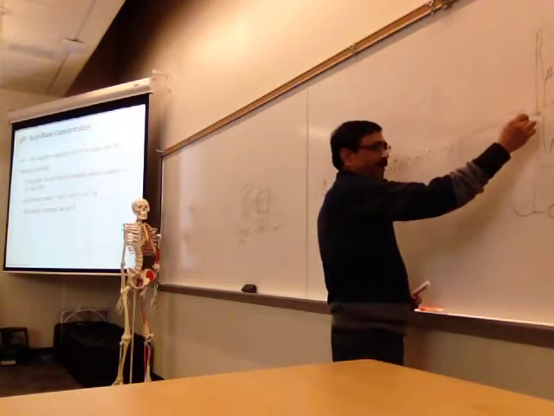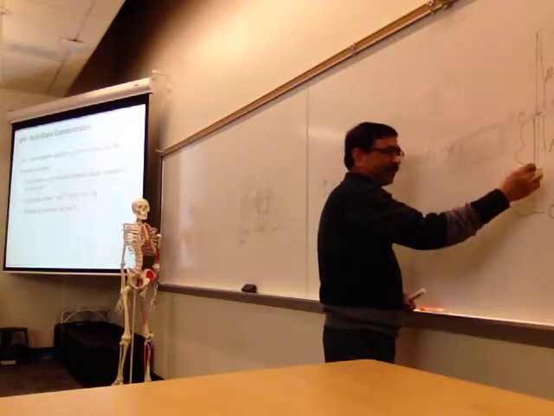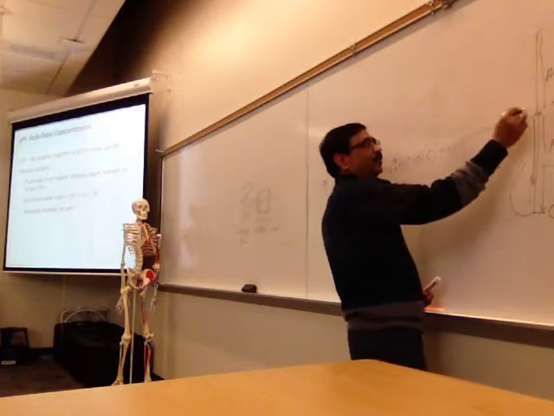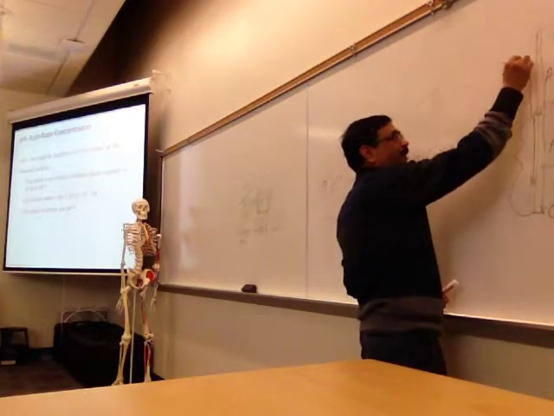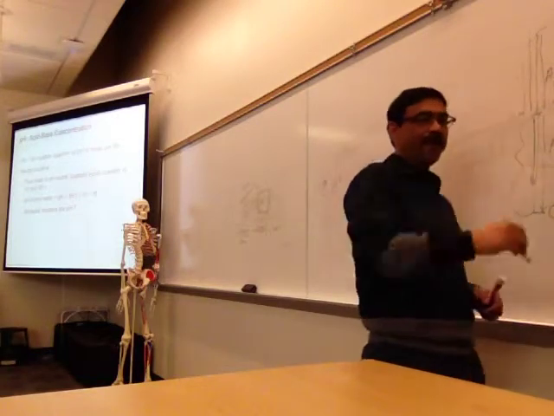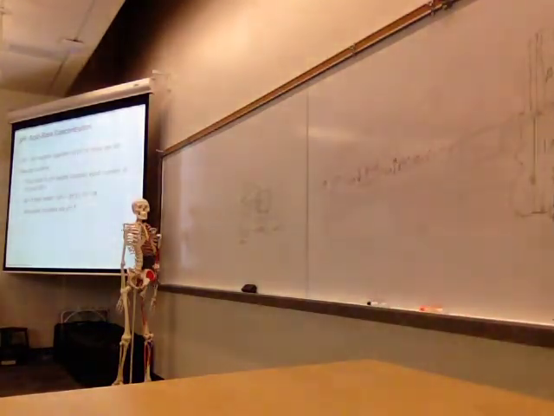As you go down more, it will become stronger acidic because pH is going down. If you go up gradually, it will become more alkaline. So that's the pH scale we use.